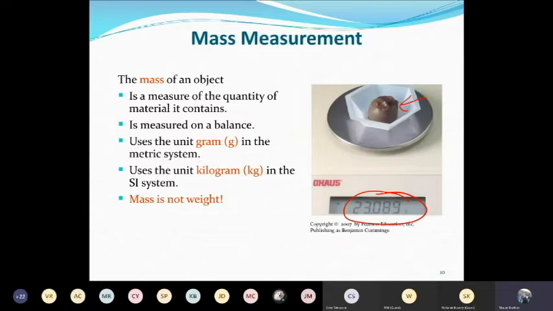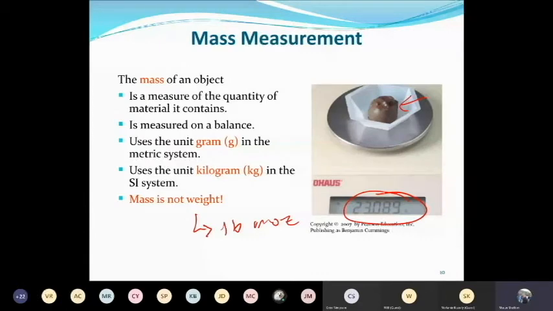Grams is mass. So what the heck is weight? Weight is represented by pounds or ounces, and pounds or ounces are actually determined by the gravitational force of Earth. So weight is determined by the gravitational pull.